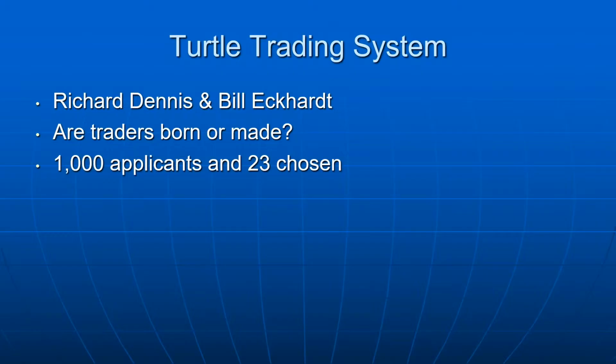They were going to provide them with all the training, the capital, the computers, everything that they needed. Out of those 1,000, they chose 23. These 23 were what they termed the turtles.